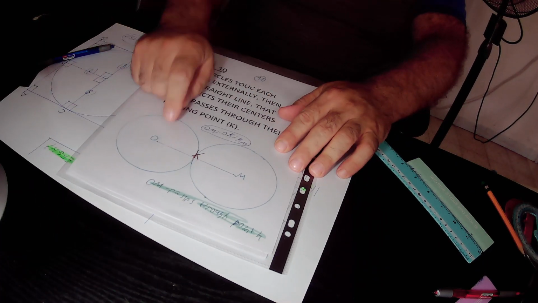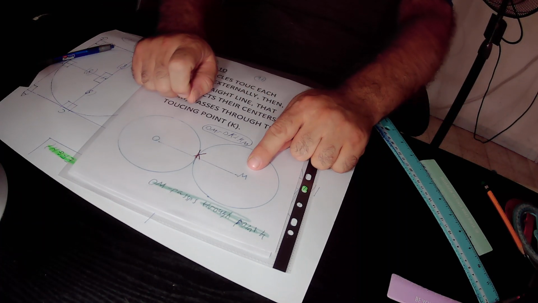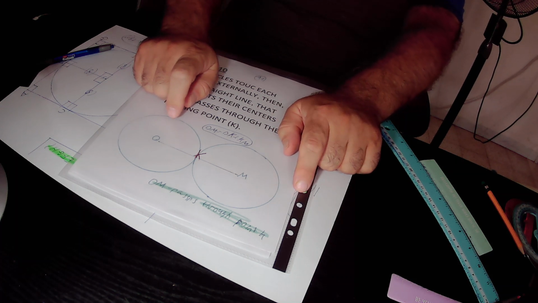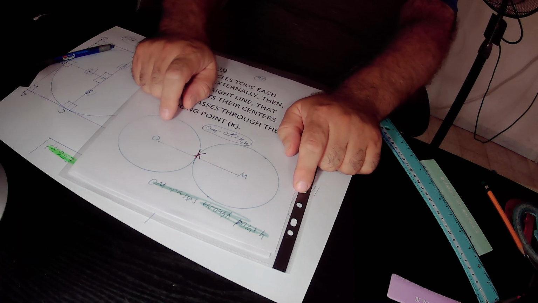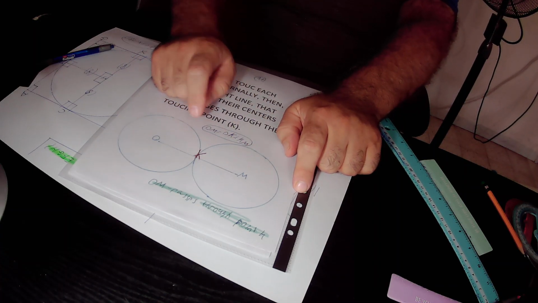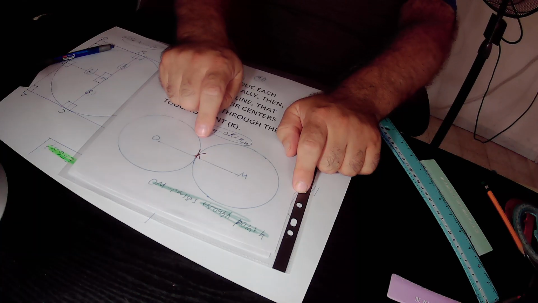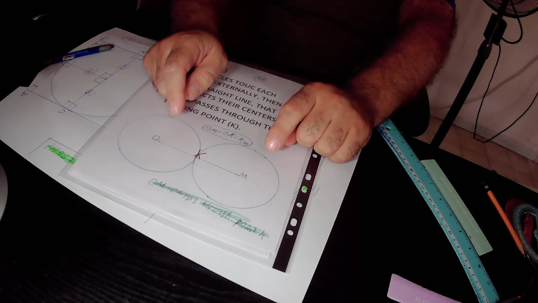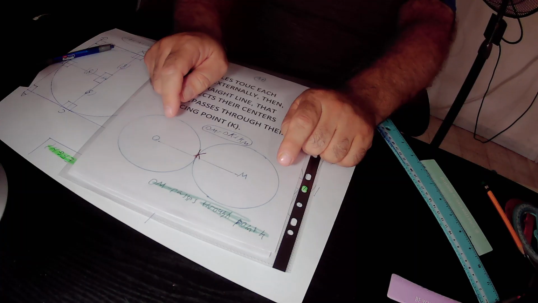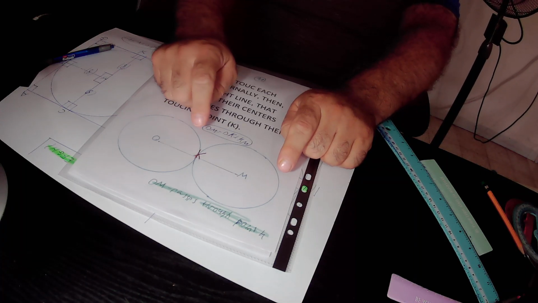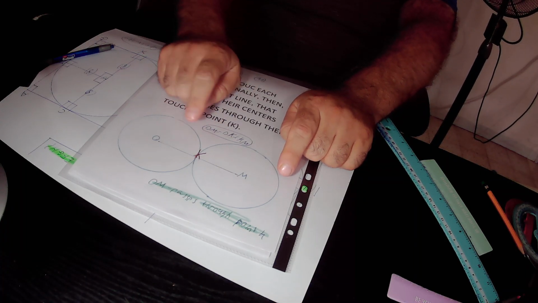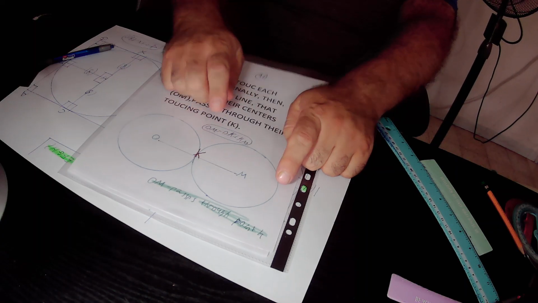The center of this circle is at point O. The center of this circle is at point M. The straight line that connects their centers together is of course the straight line OM. And according to rule 10, the straight line OM must pass through point K, that is their touching point. Or OKM is one straight line.